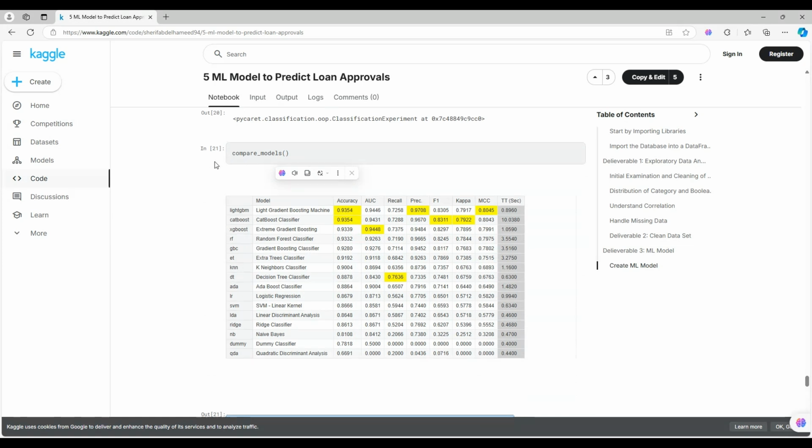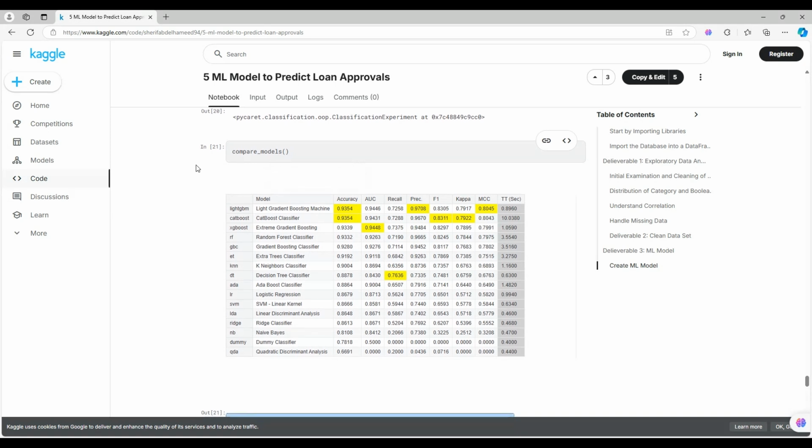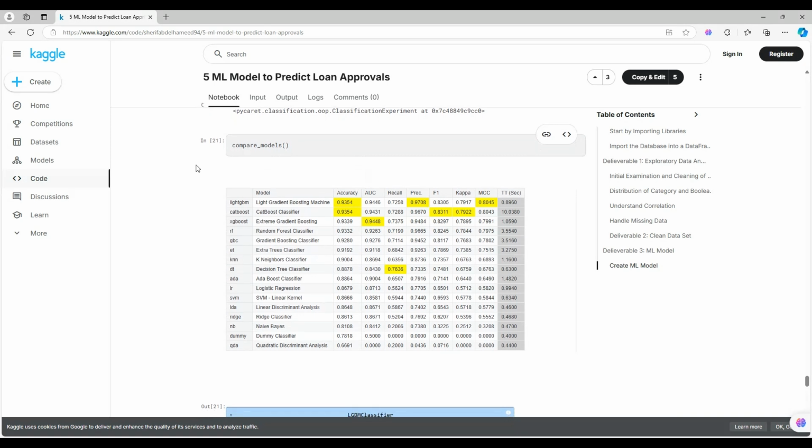So the next thing is, we want to see which model it used in order to generate the machine learning outcome, and also the comparison of the different indicators of its accuracy, the area under curve, recall, precision, F1, kappa, and MCC, and the time taken as well.